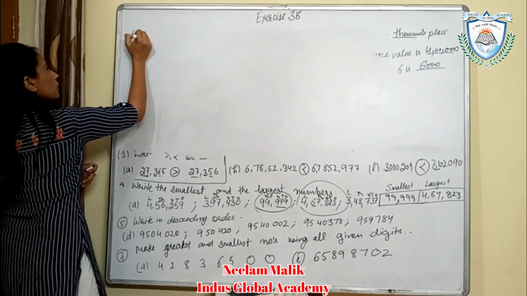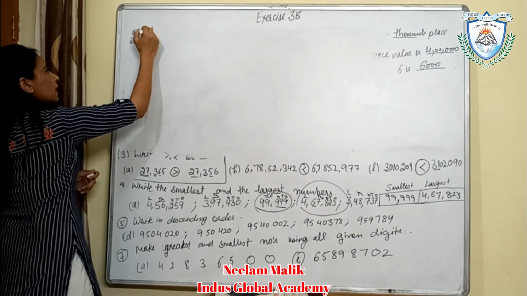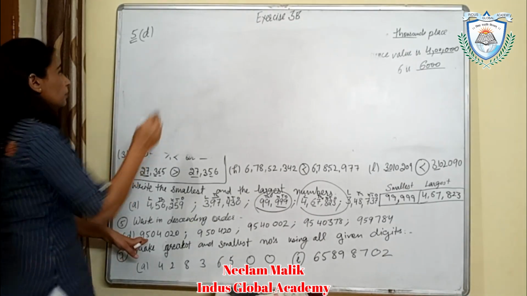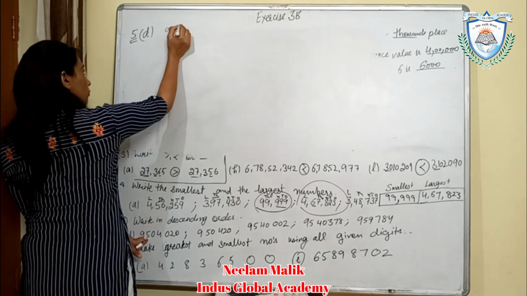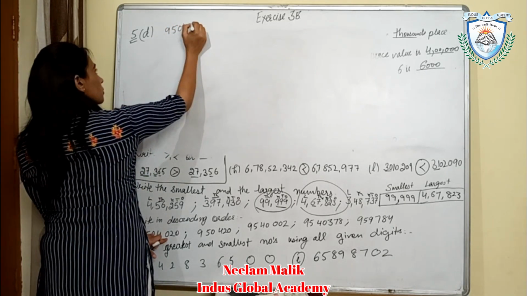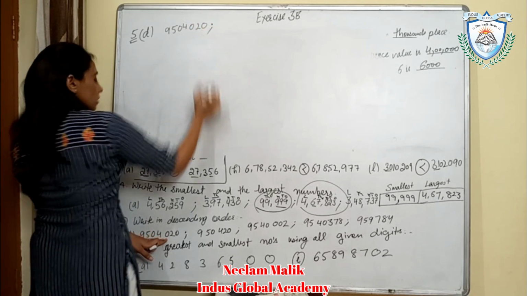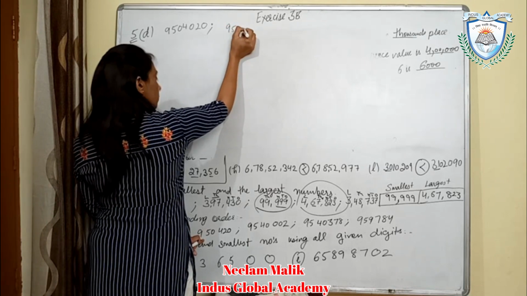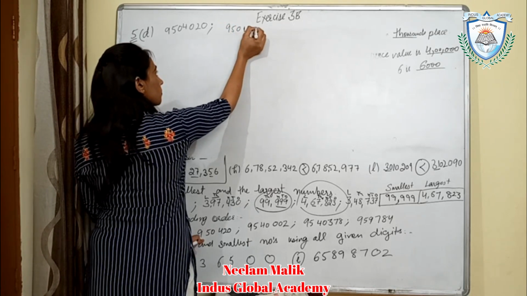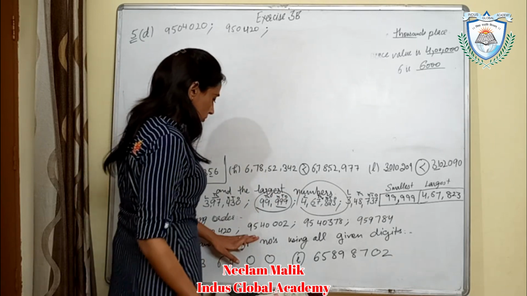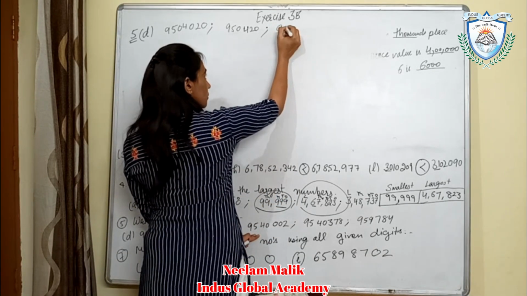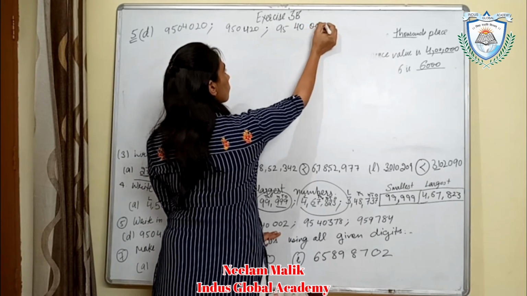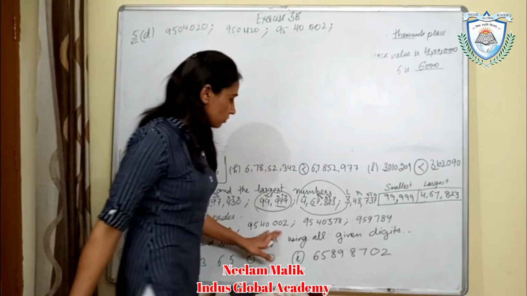Question number 5, I have taken part B here. So what is in that? Here I am writing the first number, 9504020. Okay, another number is, what is next?